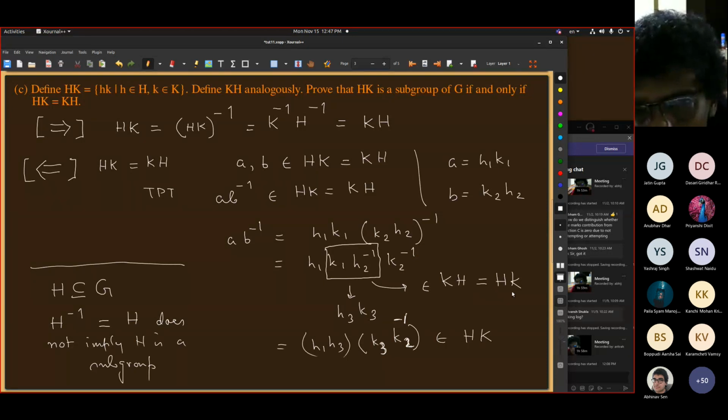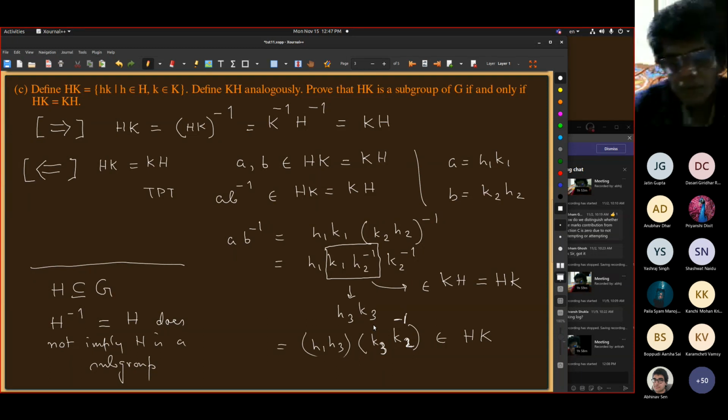So yes, I can write this element also as something like H3K3. Means if we use the associative property, then we can. Oh, sorry, it was commutative. Understood. But this K1 and H2 inverse need not commute with themselves. But because of this set theoretic equality, I can find some H3K3 such that this thing happens. Okay.